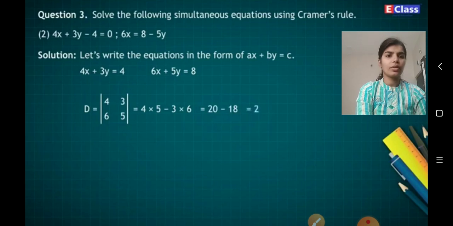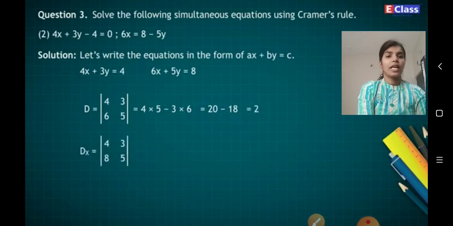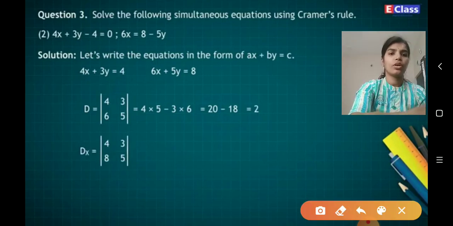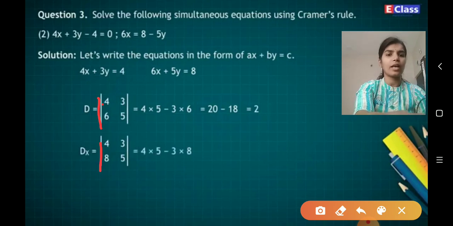You have to remember that D is made of a1, a2, b1, b2. And for Dx, we replace a1, a2 by c1, c2. So instead of these two elements, we write c1, c2: 4, 6 becomes 4, 8.